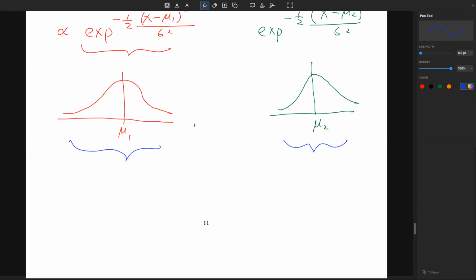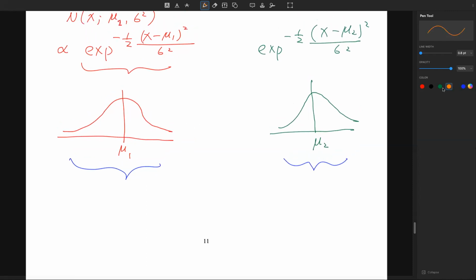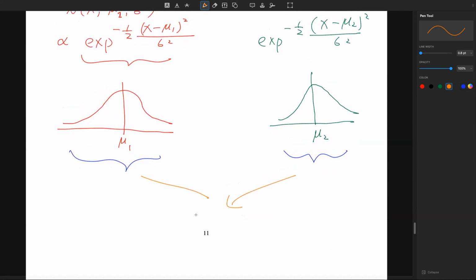Now this is what magically happens. The way I measure the similarity between these two functions, I should also use this function in this form. So I'm going to use exactly the same function form: exp minus half, with a square here.